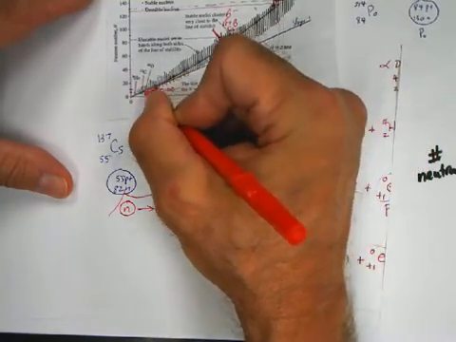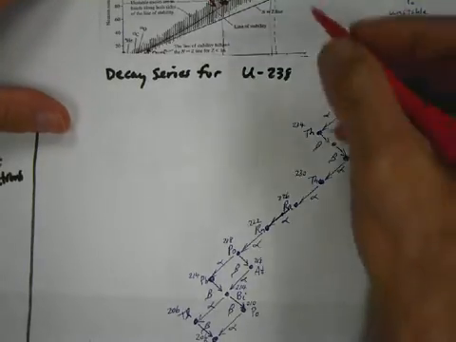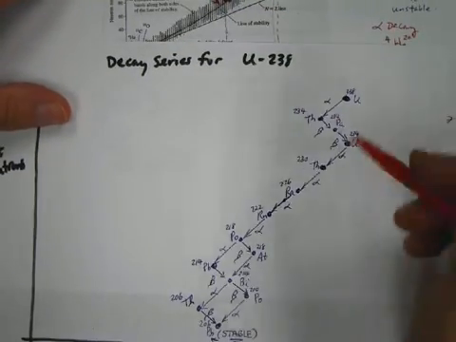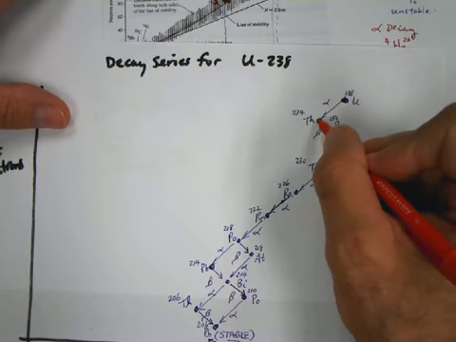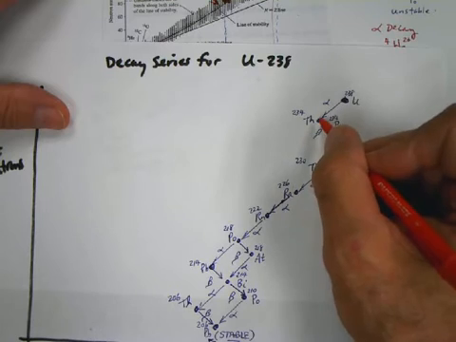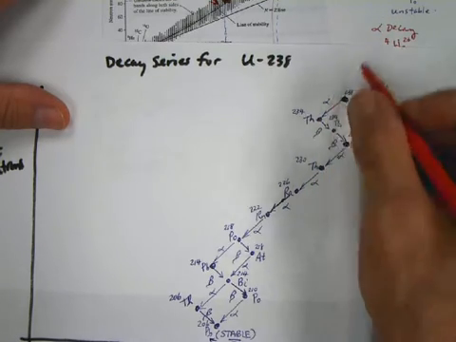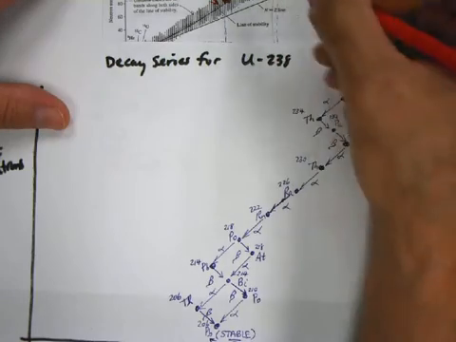Okay? So we could actually, if we had to, figure out what uranium-238 would tend to form next as a daughter nucleus. And it turns out that it would undergo alpha decay, go over and down, and form the daughter nucleus thorium-234.